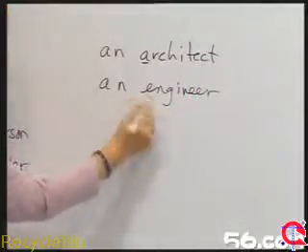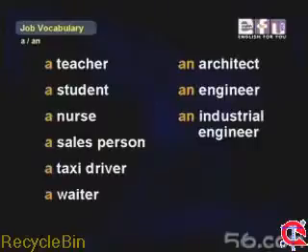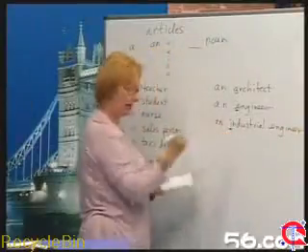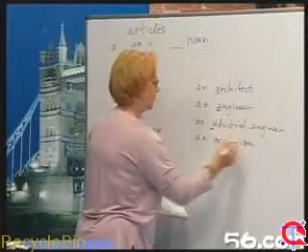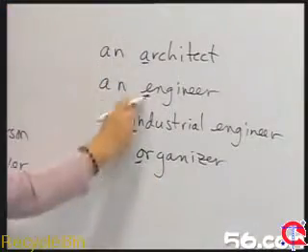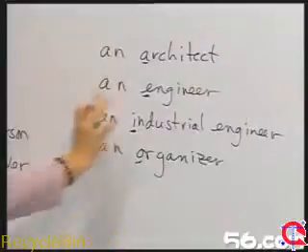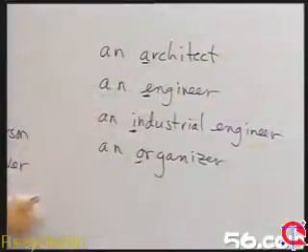An engineer because of the E. An industrial engineer. And an organizer. Okay? A-E-I-O. So, an architect, an engineer, an industrial engineer, an organizer.